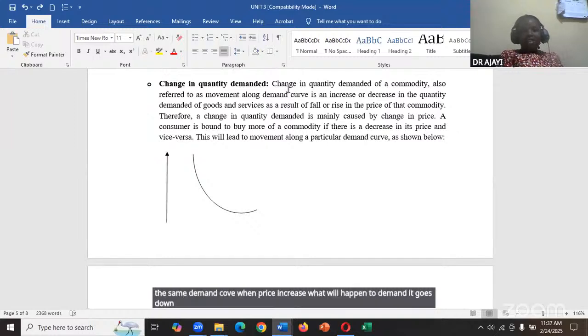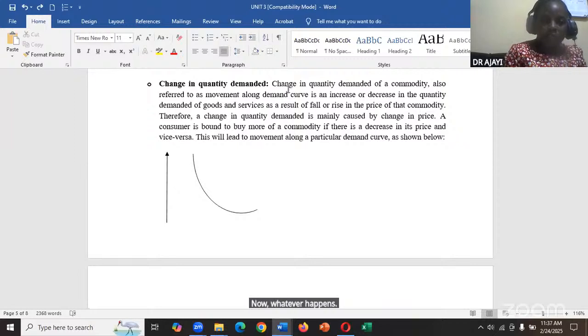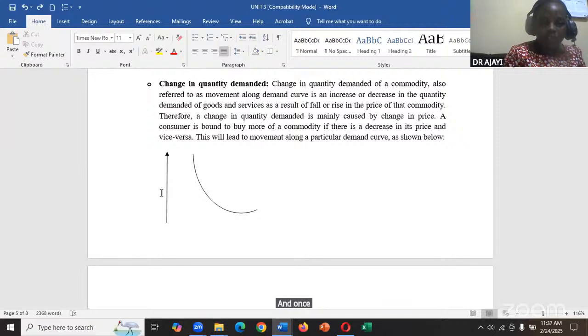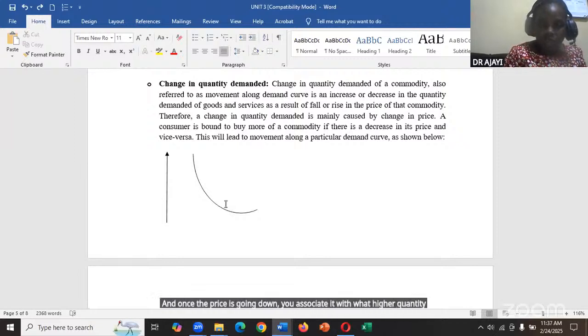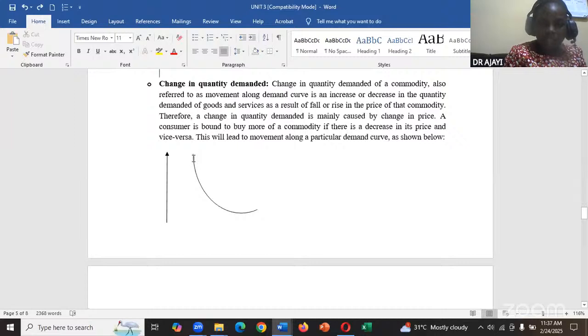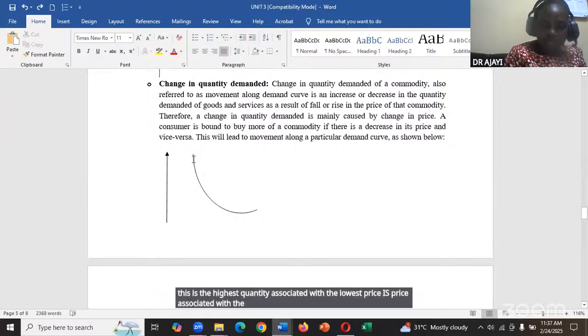When price decreases, what will happen to demand? It goes up. The highest price you associate with low quantity, and once the price is going down, you associate it with higher quantity. So this is the highest quantity associated with the lowest price, and the highest price associated with the lowest quantity.